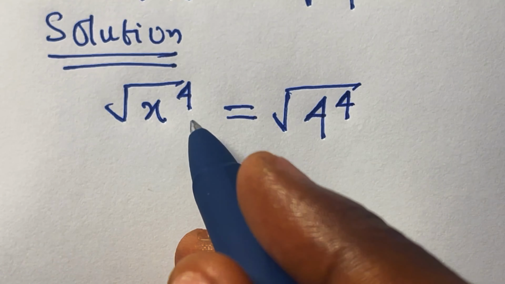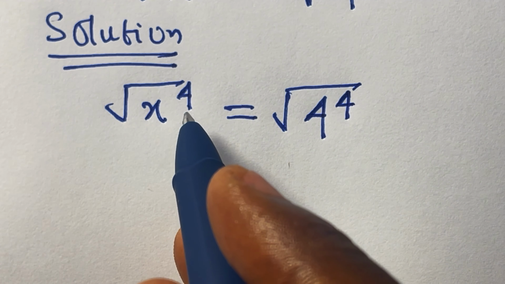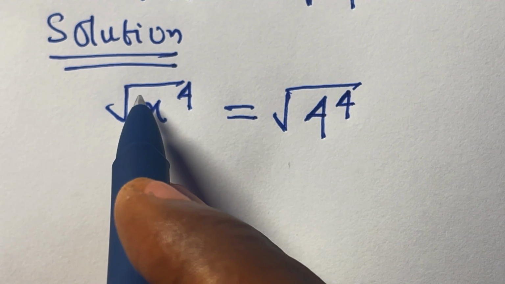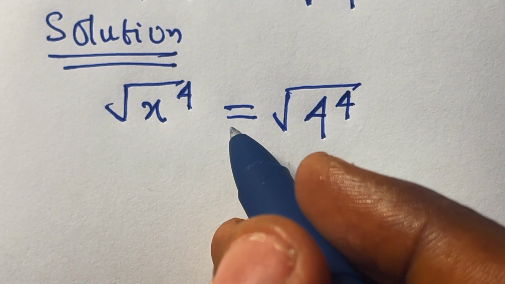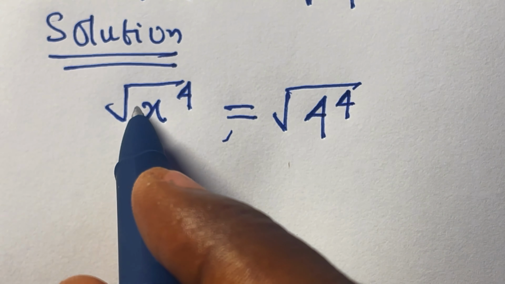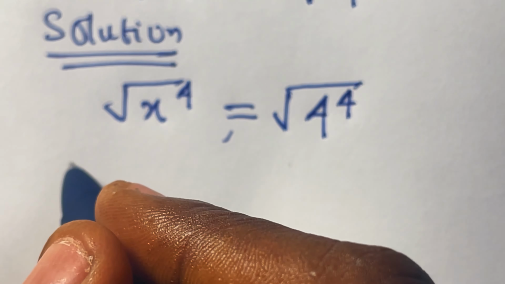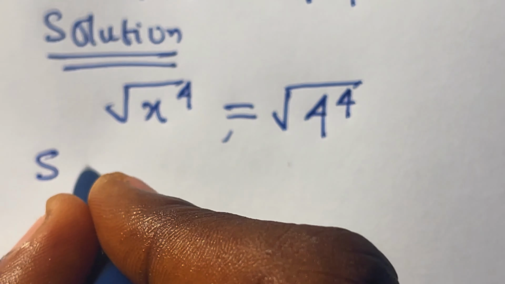One of the first steps we are going to do is find a way to cancel the square root, and to cancel the square root, we square both sides. So now let's square both sides.